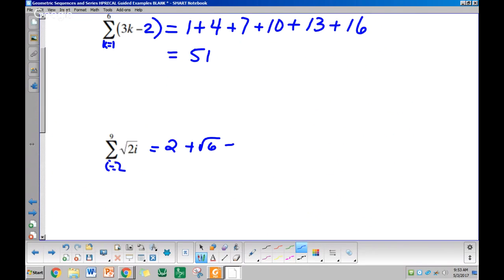Plus, which is 2 root 2 plus square root of 10. All the way up till we put in 9. Do you see what we're doing? So what it gives me on the bottom is where it's starting. Yes, the 2 is the starting spot and 9 is the stopping spot. And you're always going up by 1. Okay. You can do this on your calculator.